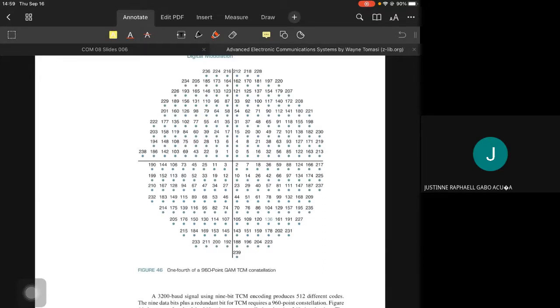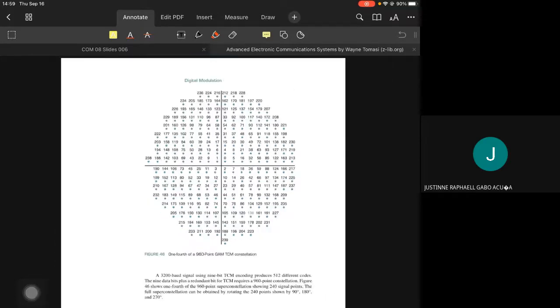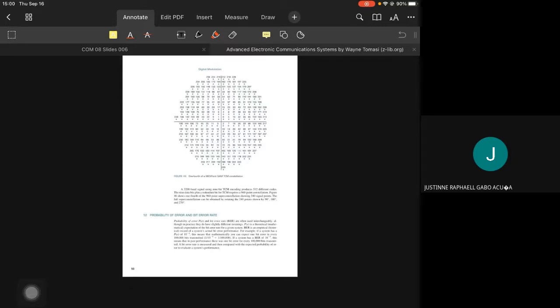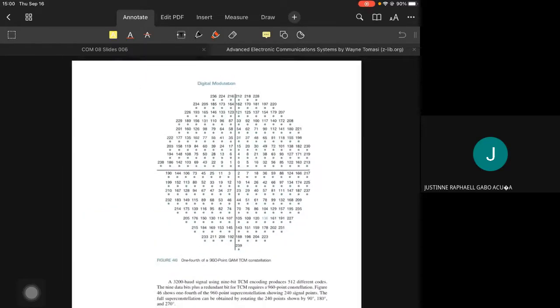The SNR, or signal to noise ratio, should be higher so as not to cause errors in the first place. Maybe by that time it will be 1,024 QAM. I'm not sure if there is a present practical application of 960 QAM or if it is just a theoretical construct.